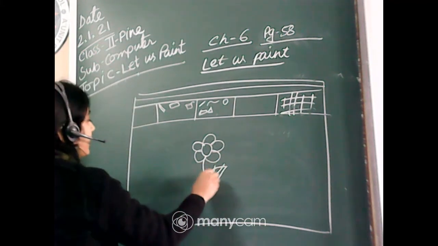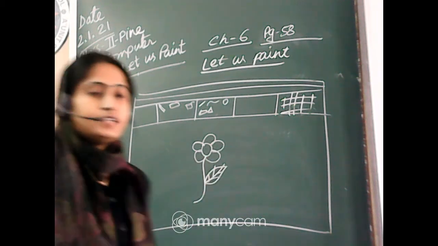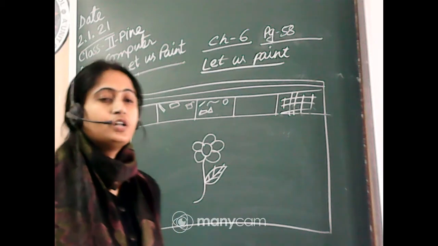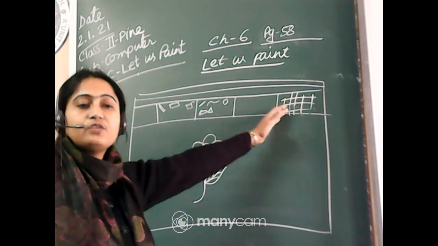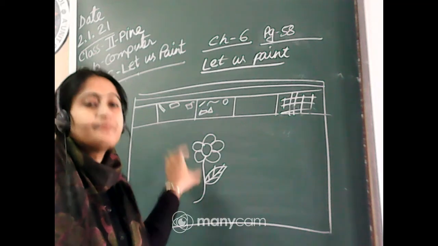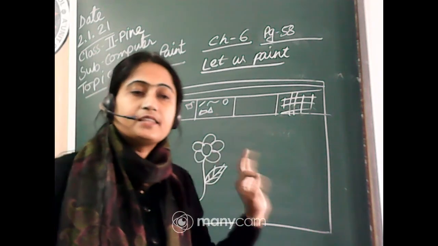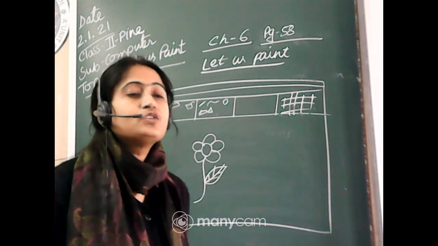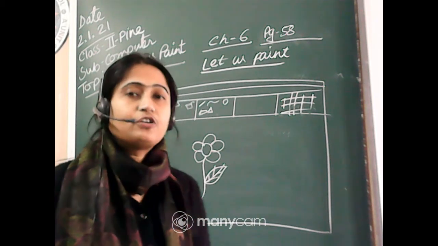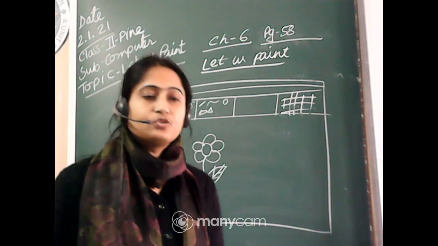You can draw this flower using the pencil tool. Using the pencil tool you can draw anything, because the pencil tool is used for free form drawing. Whatever you want to draw, you can draw using the pencil tool.